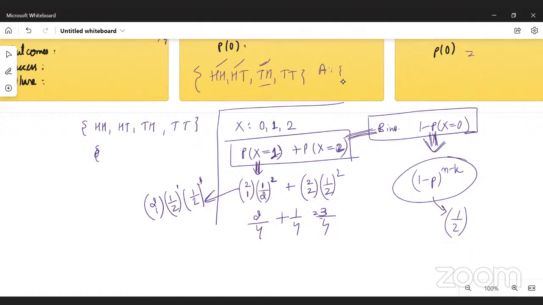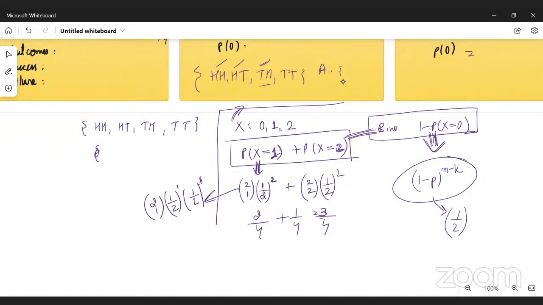Here you are performing the experiment twice. And the random variable takes values from 0 to n. So it is 0, 1, 2, right? So X here is a binomial distribution with n equal to 2 and p equal 1 by 2.